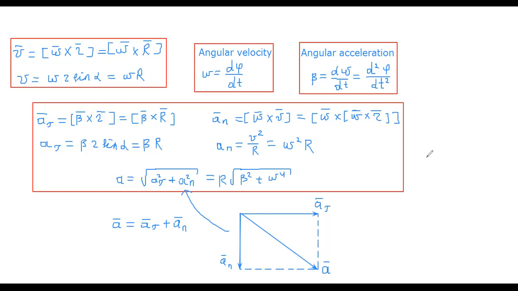Plane motion can be considered as a sum or combination of linear motion and rotational motion. A combination of rotational and linear motion will be planar motion.